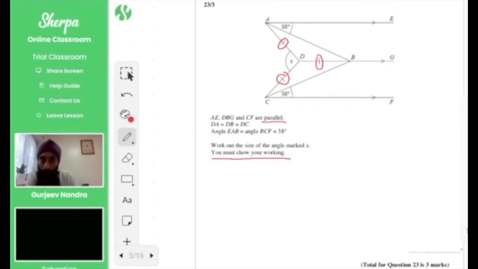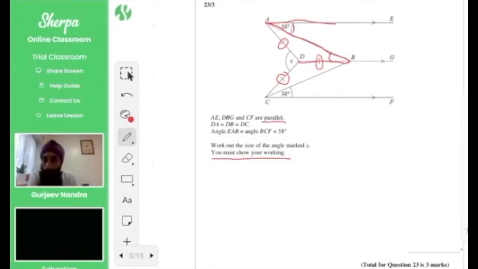So with a problem like this, that was meant to be a straight line, sorry. Because the question mentioned parallel, what I'm looking for are particular angles, Z angles or F angles more so. So I'm just going to do that again. You can see this here is a Z angle, and angles within the Z are equal.